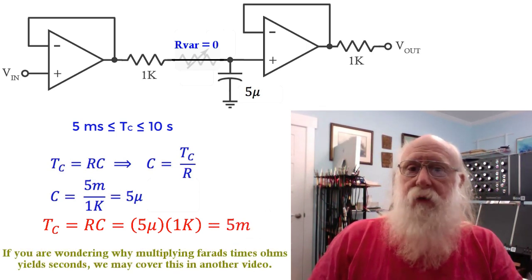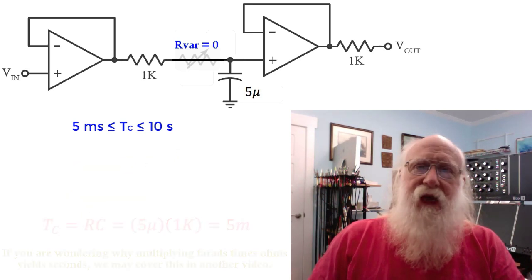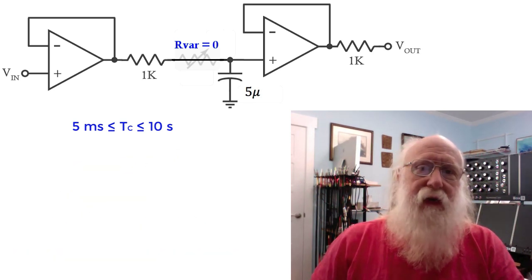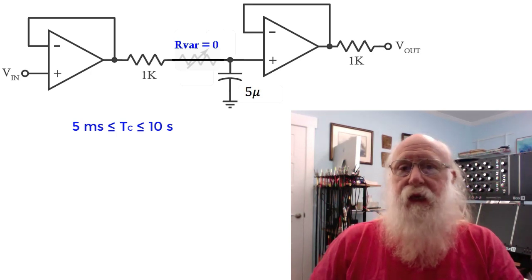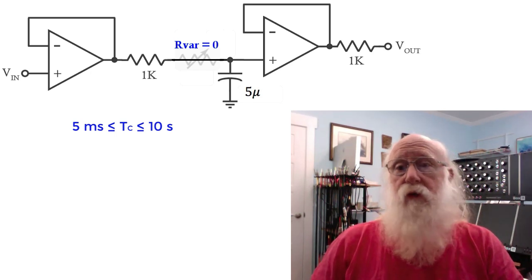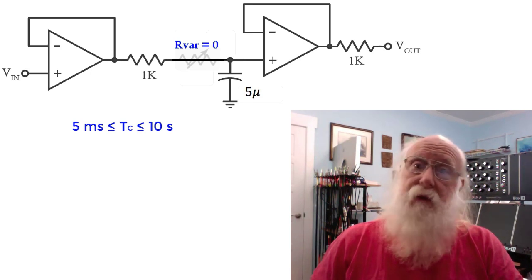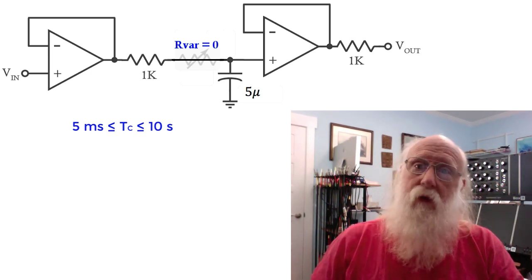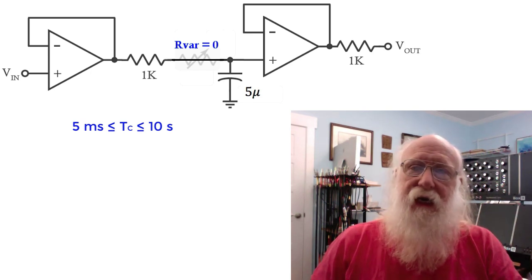Now, we've got our capacitor selected. Once you get up above about 1 microfarad, you typically get into electrolytics, but we really don't want an electrolytic here because the voltage on that capacitor might be positive or it might be negative, and most electrolytics are polarized, so that's not such a good idea.